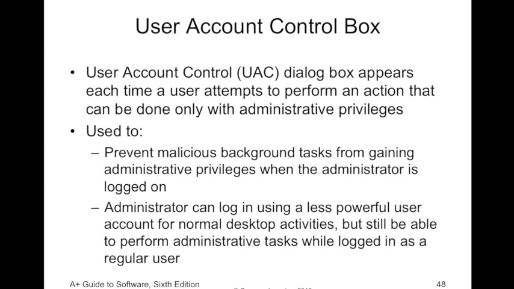Normally, unless you're performing administrator tasks, you don't have the administrator token. So that means that virus doesn't have the administrator token, which means it cannot do as much damage as it could before. That's one of the great uses of the UAC.